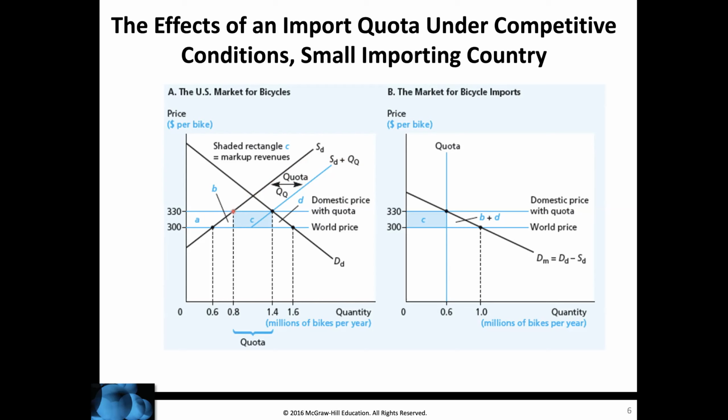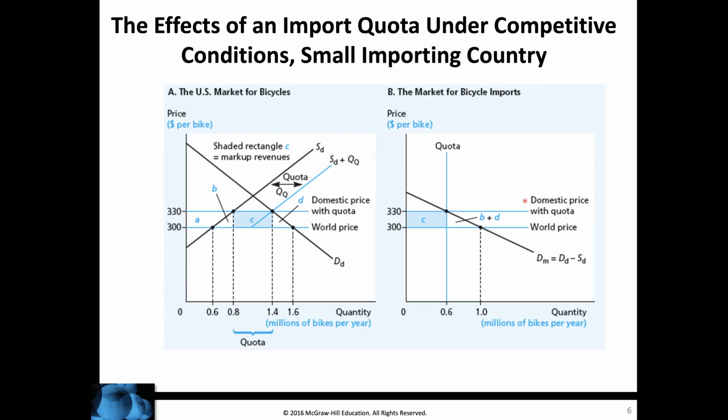Now we've got the amount supplied at that price and the amount demanded at that price of 330. So this is the domestic price with the quota. We can see now the amount imported is from 0.8 to 1.4, and so we've got 0.6 million bikes per year imported.